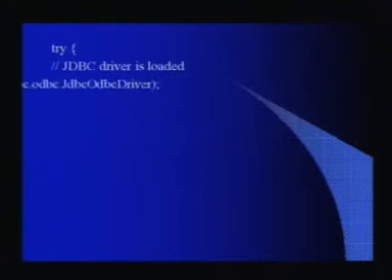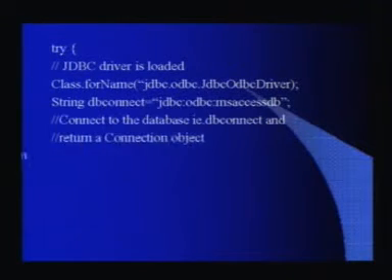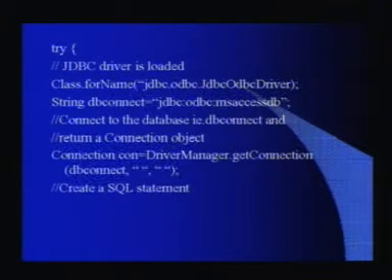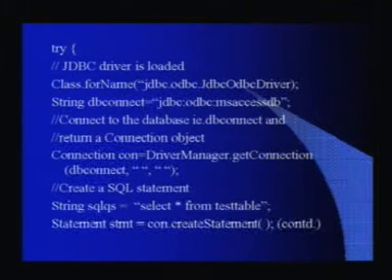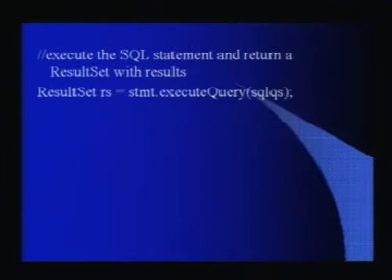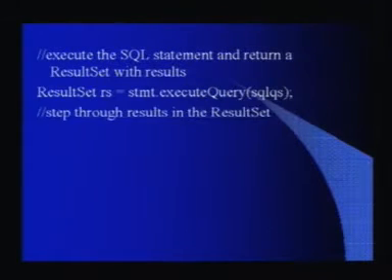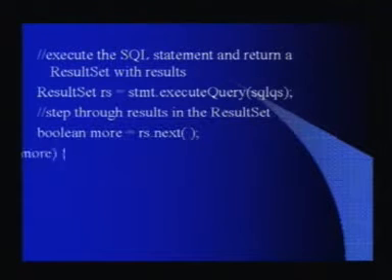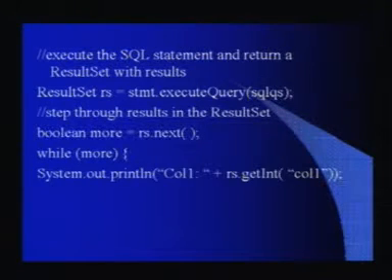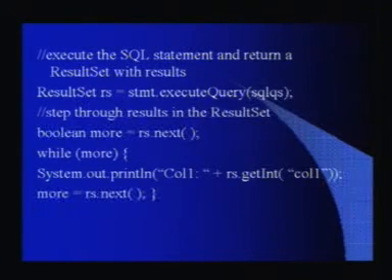Then comes the same code which I have already shown you, except a few lines. You are executing a select statement on a test table and getting the data. You execute the query, the information is placed in the result set, and then you retrieve it using getInt.